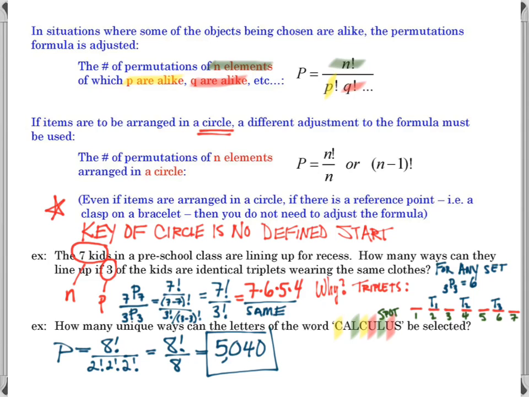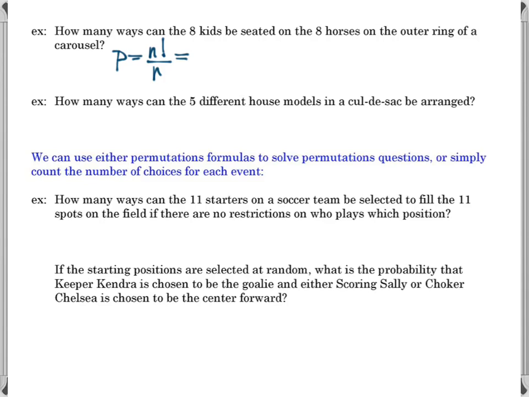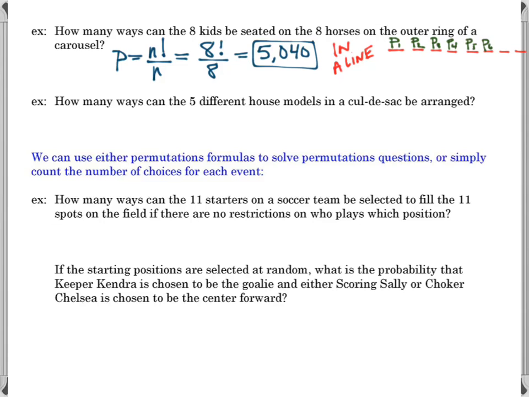So again, these are unique situations where you have repetition or you have a circle. And again, here's our circular thing. We have 8 kids divided by 8 because we could rotate that spot. In a line, those 8 spots would look like that. There's my 8 people. In a circle, I wouldn't be able to tell who's at the beginning of that. It could be P1, it could be P2, it could be P3.